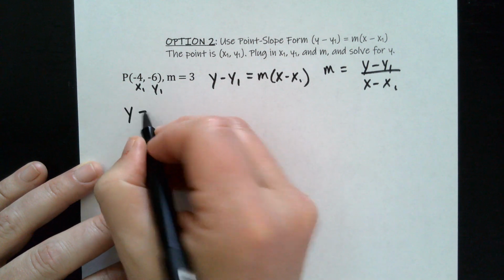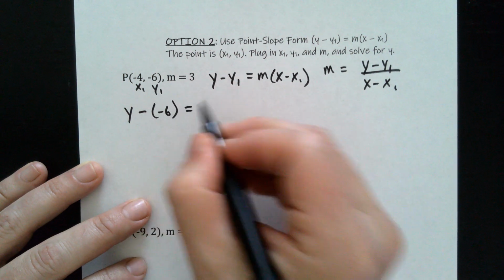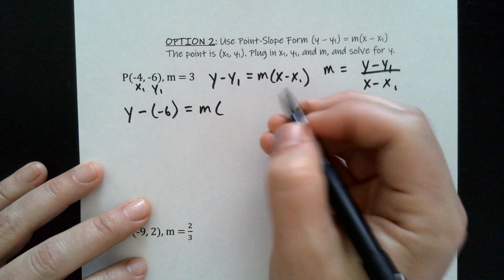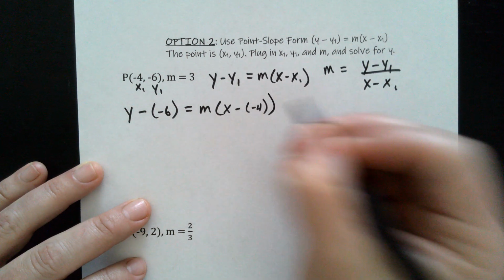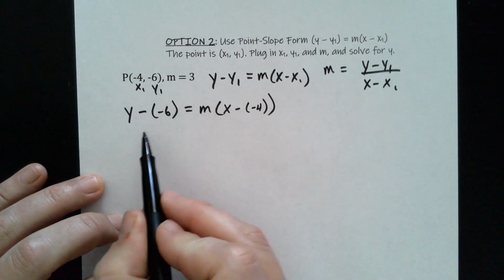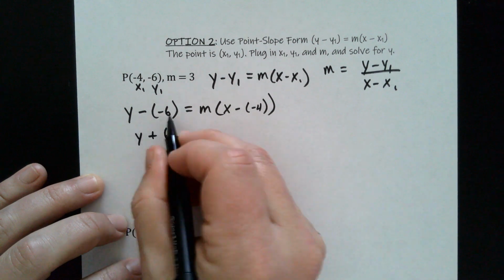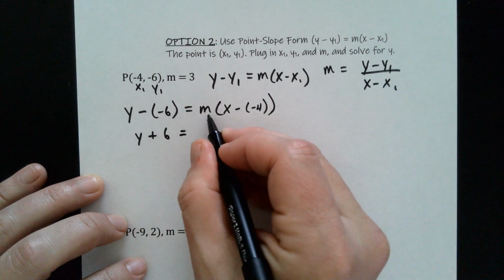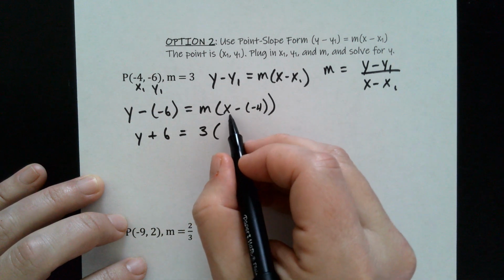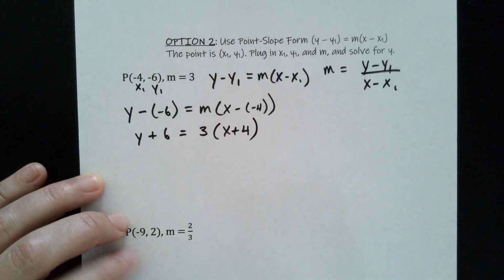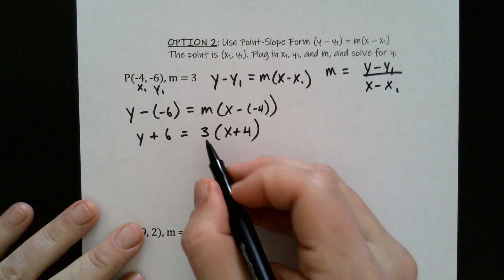So y minus y1 is -6, so I need to put that in parentheses, equals m times x minus -4, because that's also negative. All right, so let's take care of these negatives that are touching right here and right here. That'll change into plus, right? So y plus 6 equals, oh, I didn't plug the m in. Let's do that now. So 3, and then we've got x plus 4.